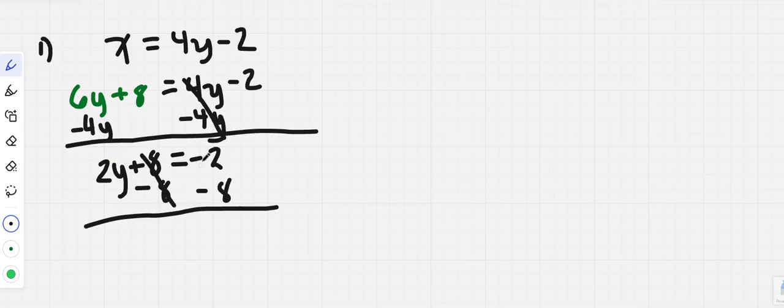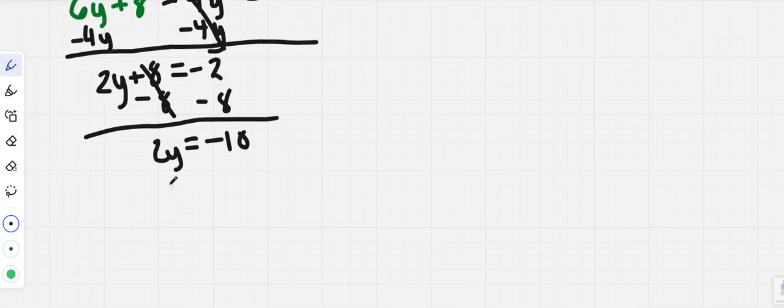That cancels. -2 minus 8 equals -10. Bring everything else down to 2y equals -10. Then we divide by 2 on both sides. Those 2s cancel. We get y equals -5.